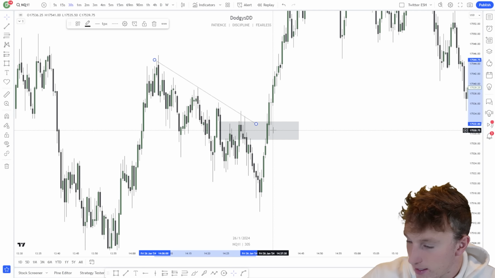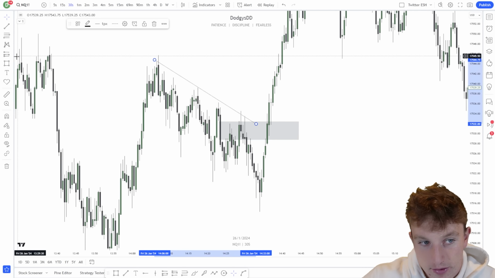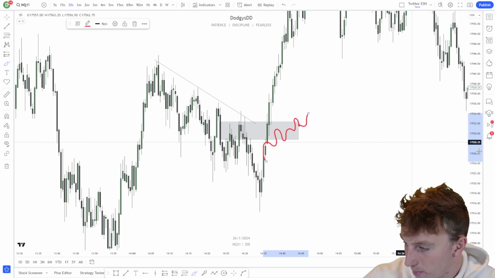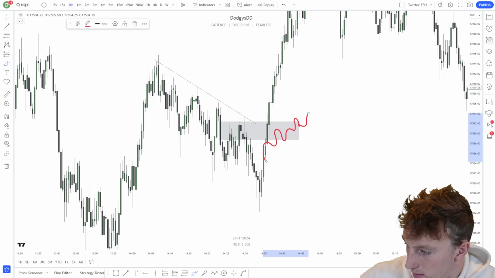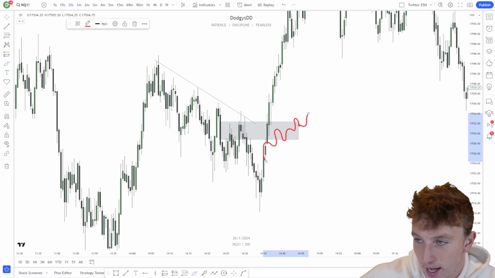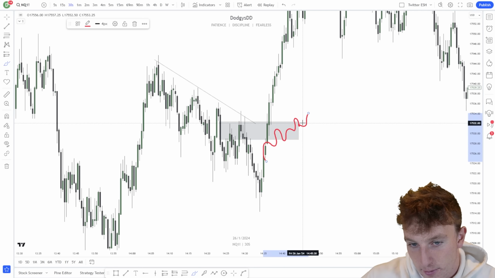Now, would I have liked it as much if we were to just slowly lollygag through it and then barely close above? Would I have liked it that much? Yeah, probably not, because the lack of momentum tells me, does the market truly want to break this?